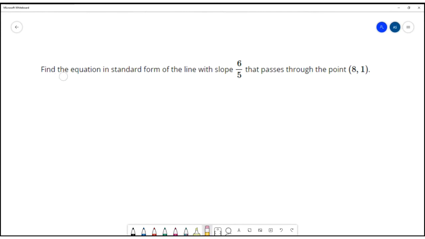For this question, we want to find the equation in standard form of the line with slope of 6/5 that passes through the point (8, 1). So we were given the slope and a point. I'm going to use point slope form, y minus y1 equals m times (x minus x1).